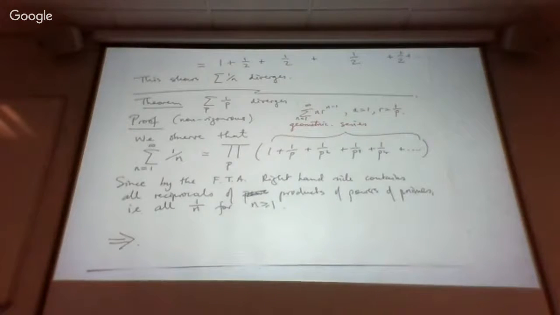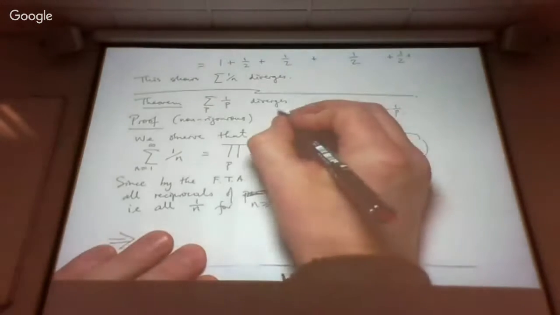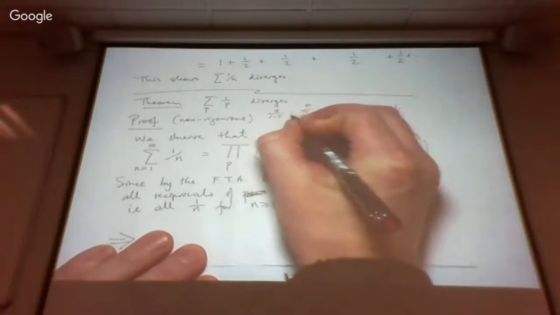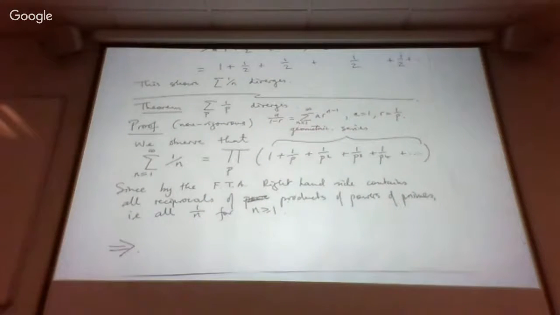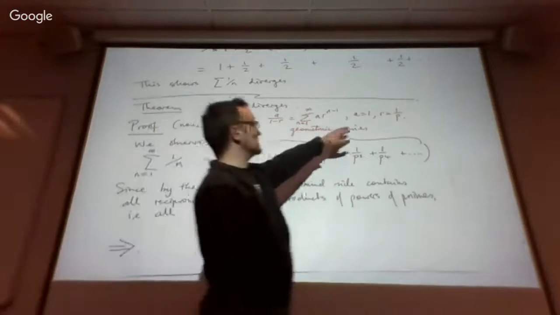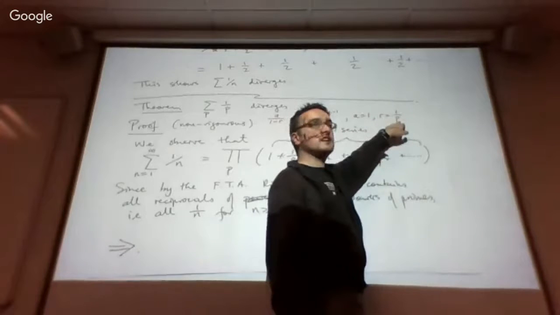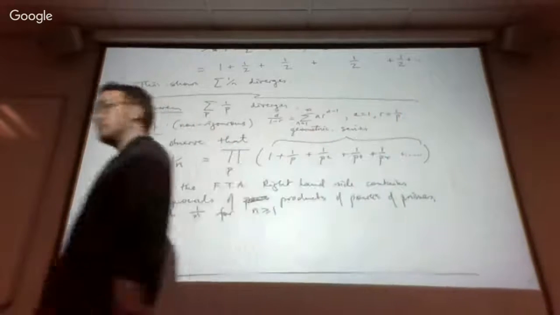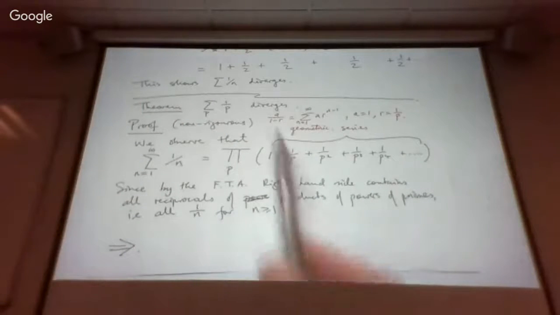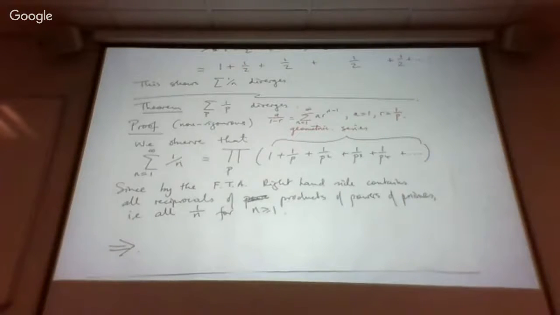Well, it's a over 1 minus r, if it is convergent, and it's convergent in the case where r has absolute value less than 1. And this certainly is absolute value less than 1, because it's 1 over a prime. Well, in that case, it's just equal to a over 1 minus r.